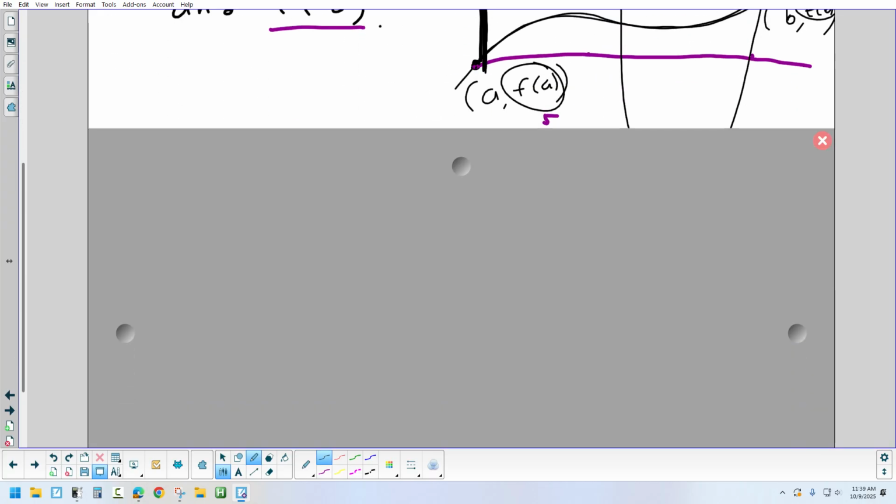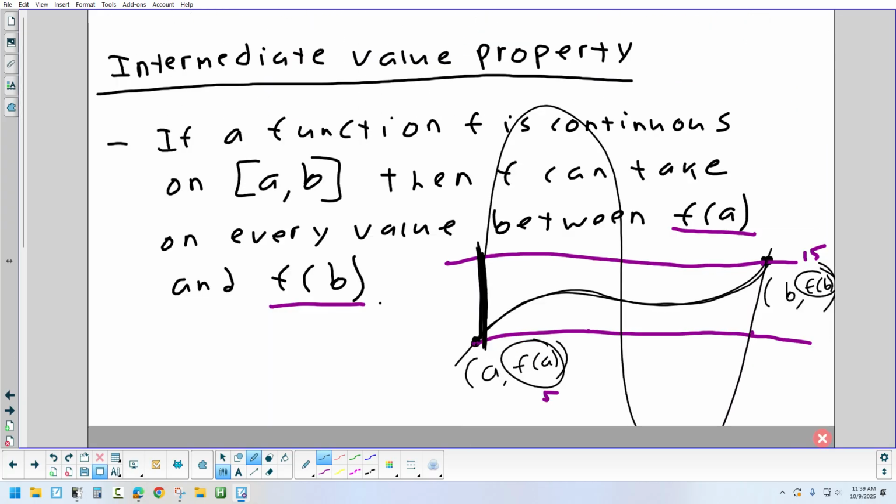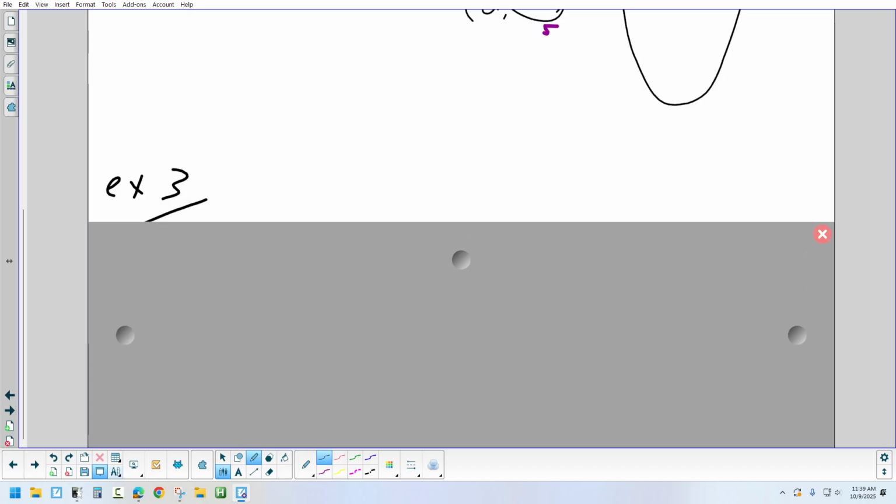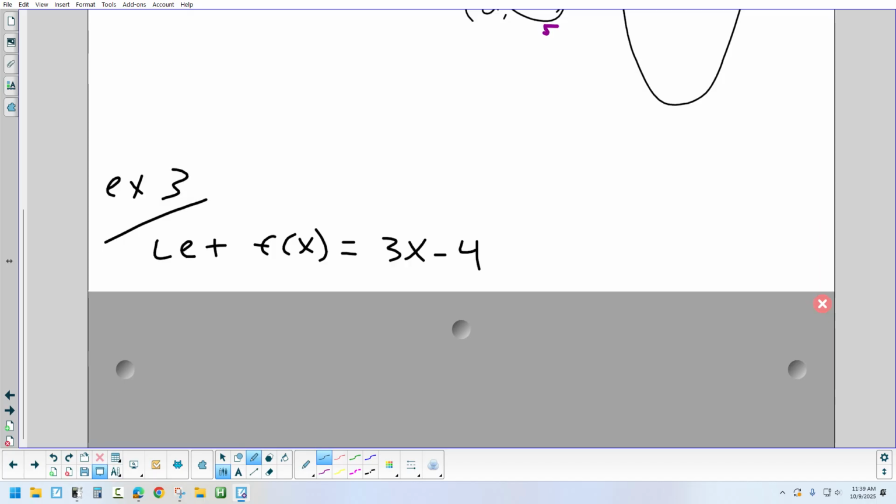All right, so let's look at an example. In the example, they give us this function: f of x equals 3x minus 4. What would that be if you draw it? Linear.